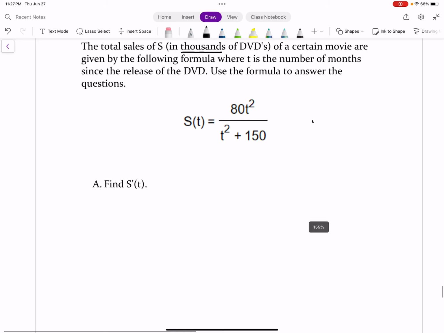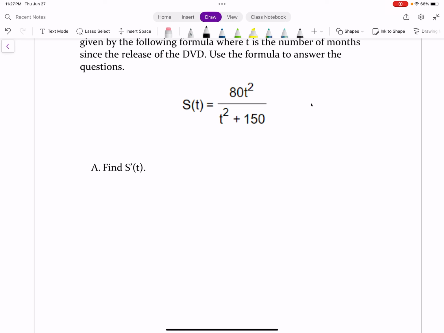So the first question is to find the derivative. Remember, the derivative tells you the change, or whether the sale is increasing or decreasing, depending on the value at a given time. So let's find the derivative.